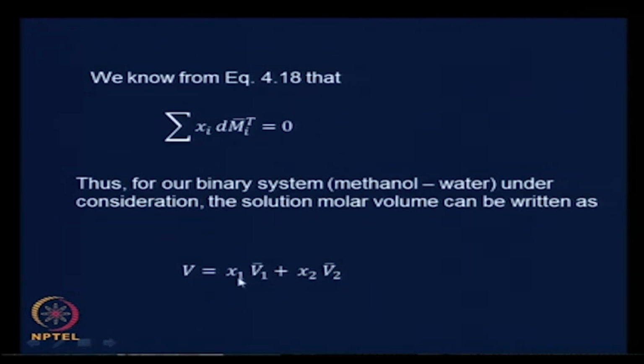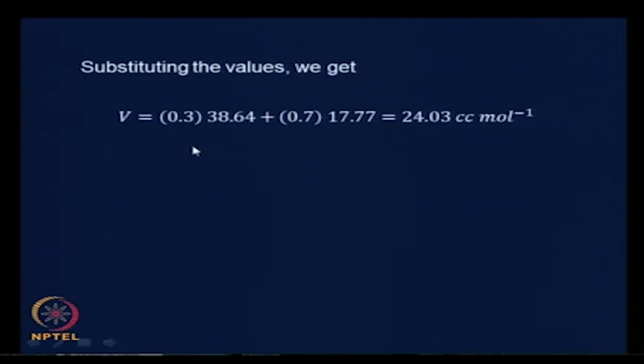We can take 1 to be either methanol and 2 to be water or the other way. Let us see what I have taken here. We substitute the values. I have taken 1 as methanol and 2 as water.